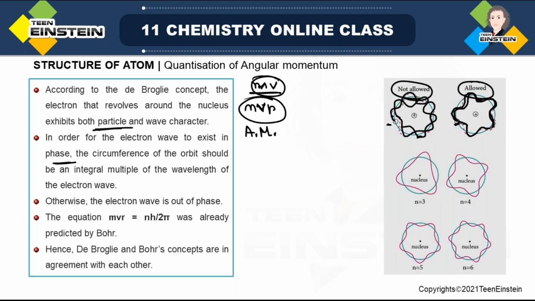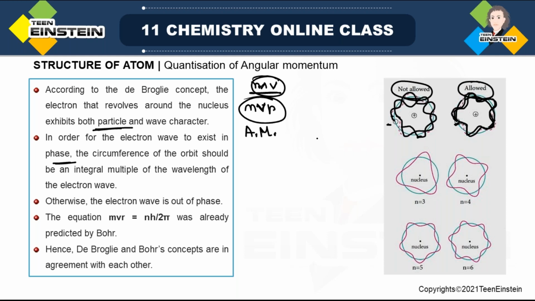For the second rotation, for the third rotation, it will always follow the same path, but not in the first case. So that is why, for the electron wave to exist in phase, the circumference of the orbit, this blue circle that you are seeing here, should be an integral multiple of the wavelength of the electron.